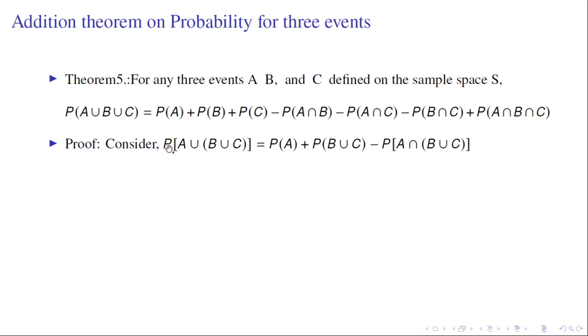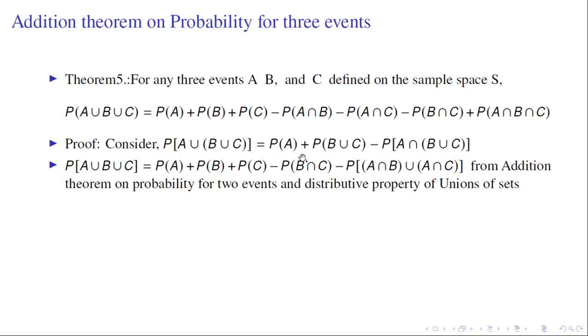So this is probability of A and this is probability of B minus probability of A intersection B. Instead of B we have B union C. This is first term, second term.